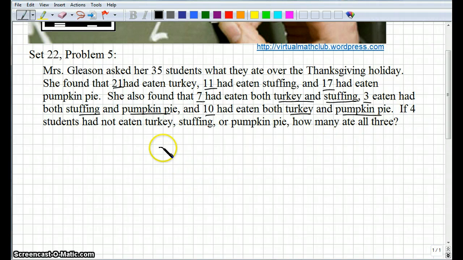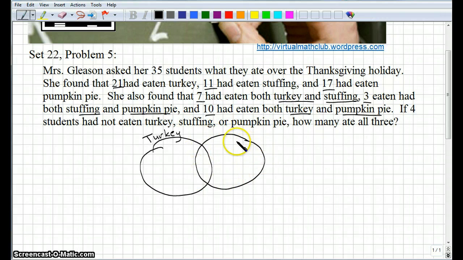So we can represent those sets as circles, okay? So if we take this circle as being the set of all the kids who've eaten turkey, all right? And let's draw another circle to represent the set of all the kids who have eaten stuffing. And you notice that they overlap because some of the kids ate both stuffing and turkey.